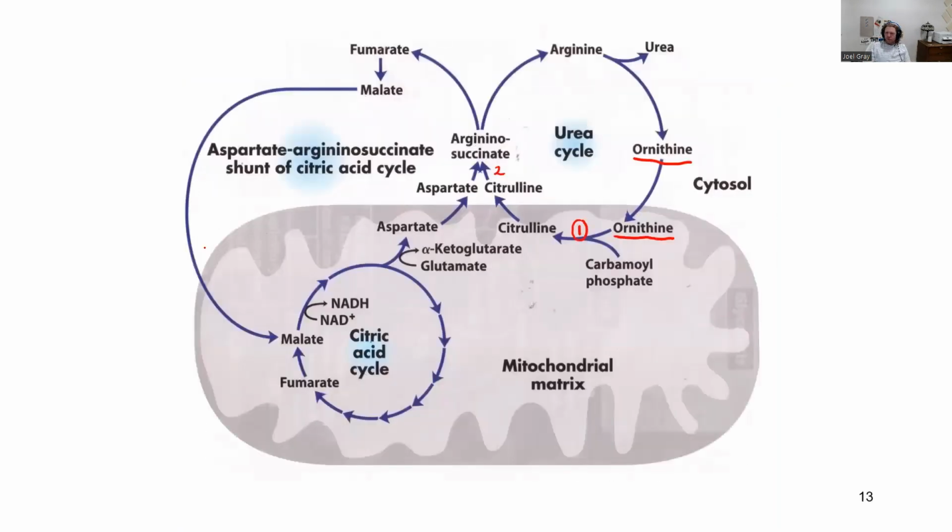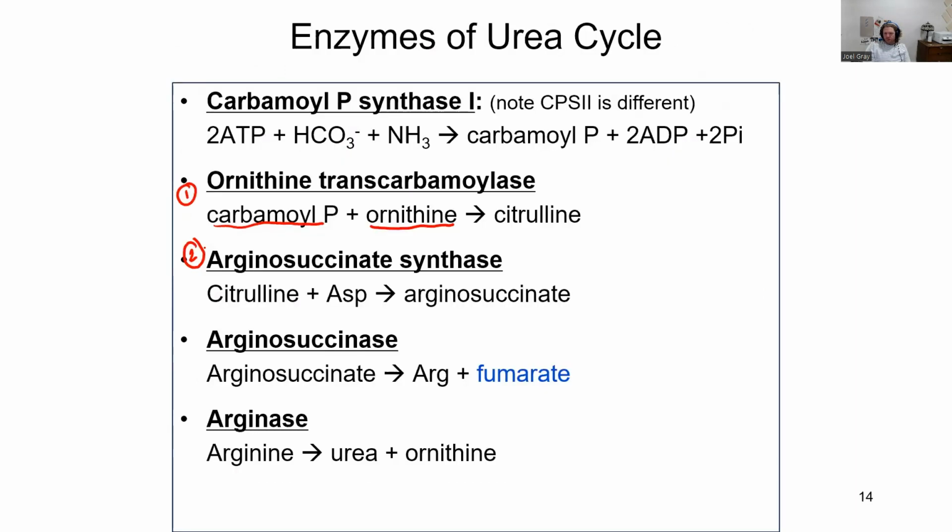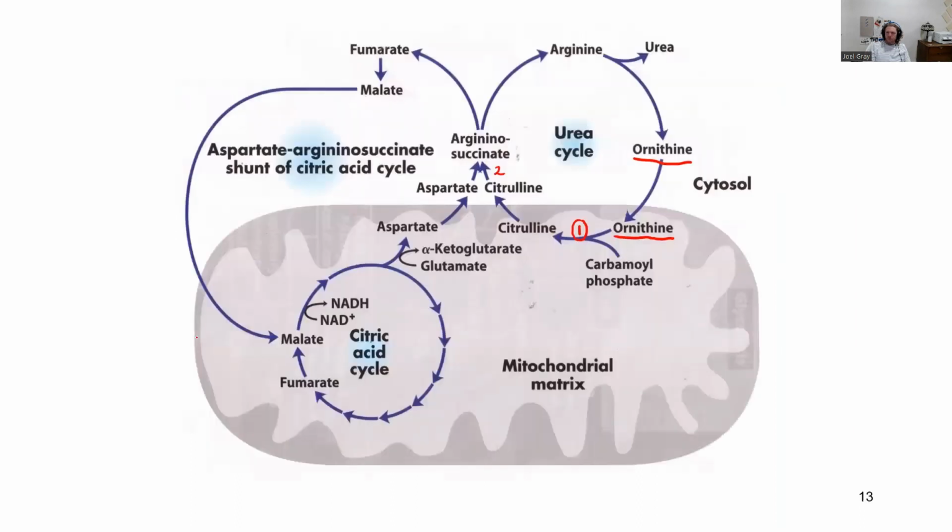That arginosuccinate is going to be broken into arginine and fumarate. Arginosuccinase is going to move arginosuccinate into arginine plus fumarate. This would be step 3.